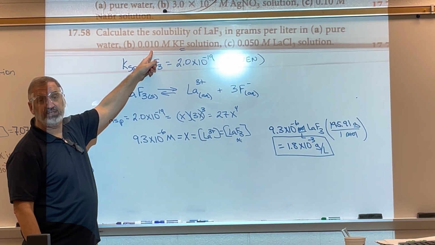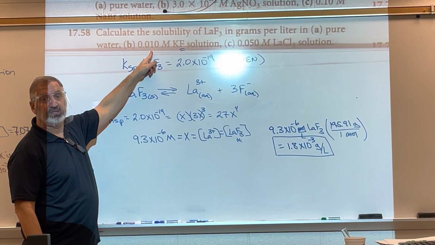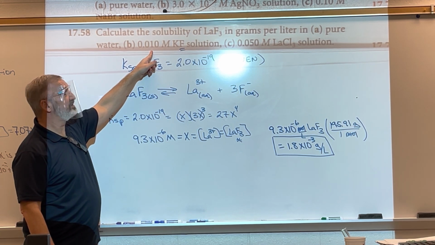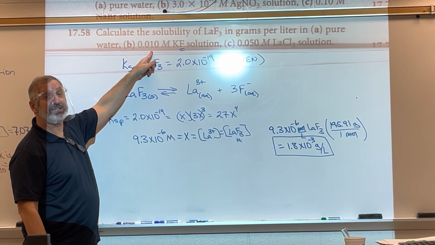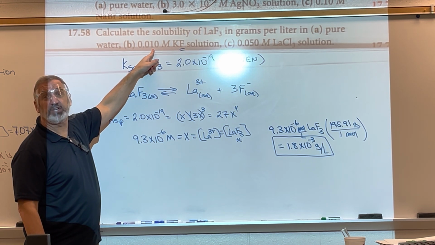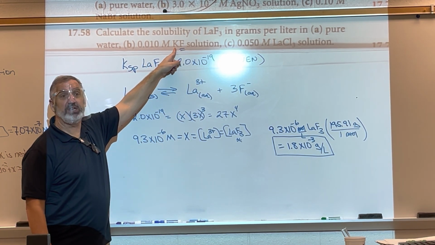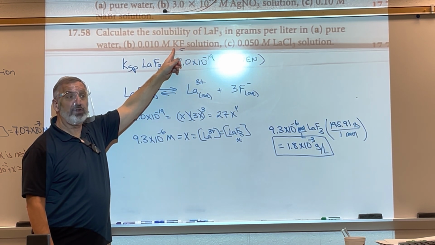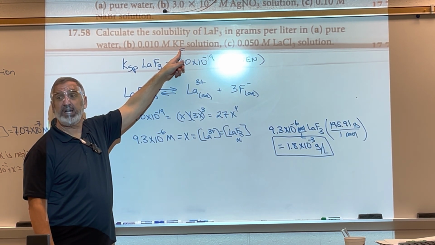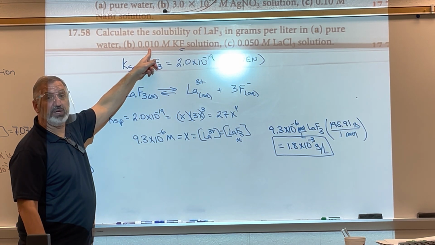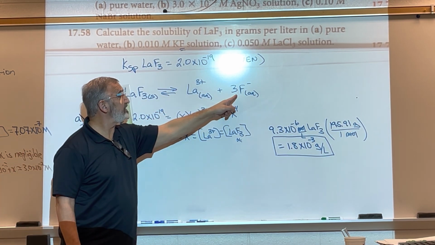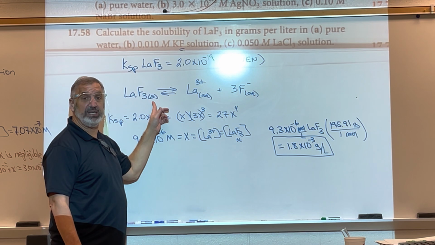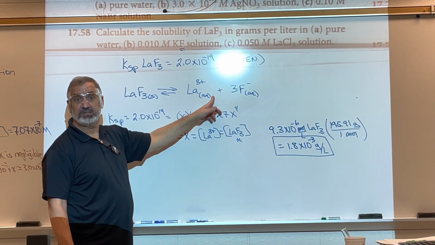No. You just add it to the 3x, because you look at the source of the fluorine. The source of the fluorine is KF, not KF3. So the fluoride ion concentration coming from the common ion is 0.01. The fluoride ion concentration coming from the LaF3 is the 3x.